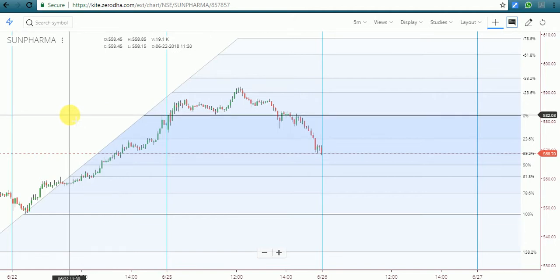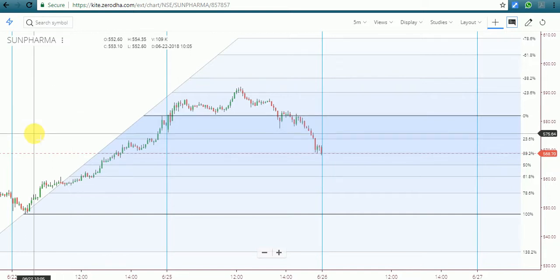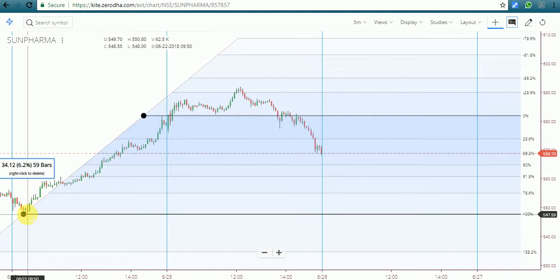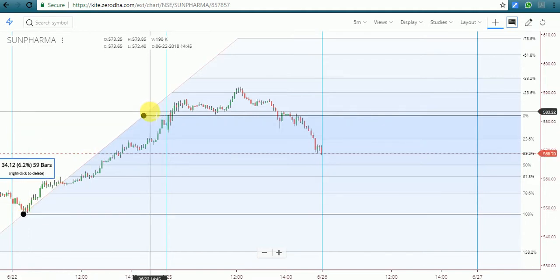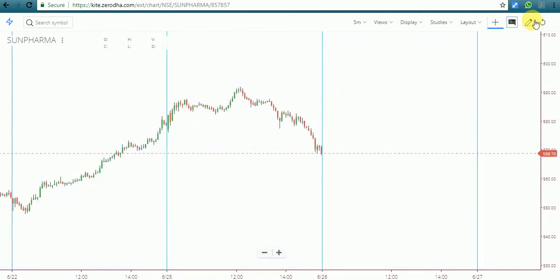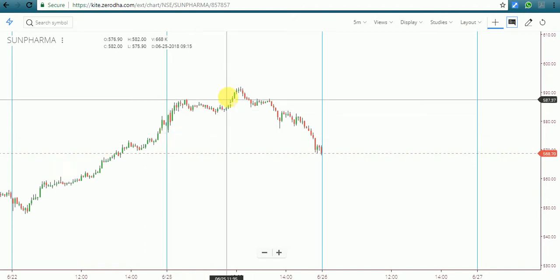Don't think Fibonacci is hard to learn. You just try to analyze yourself, you will lose nothing if you analyze, right? So you just draw like this, and you can draw like this also.